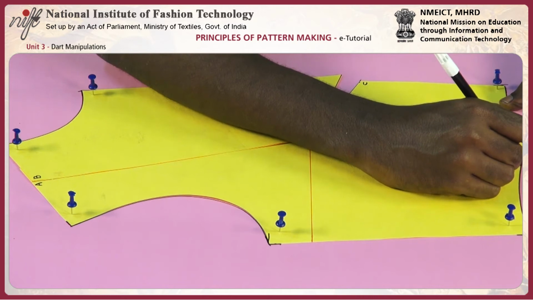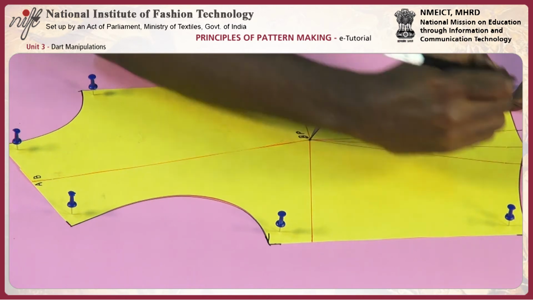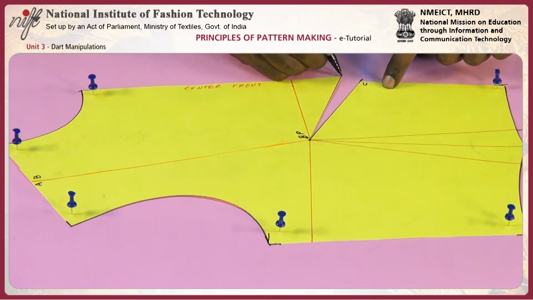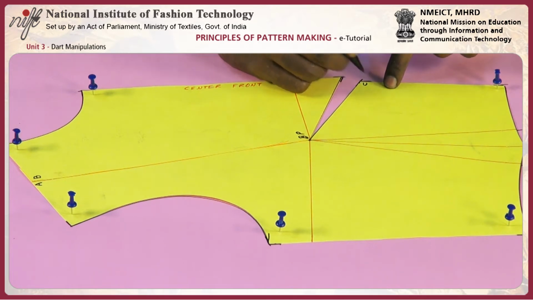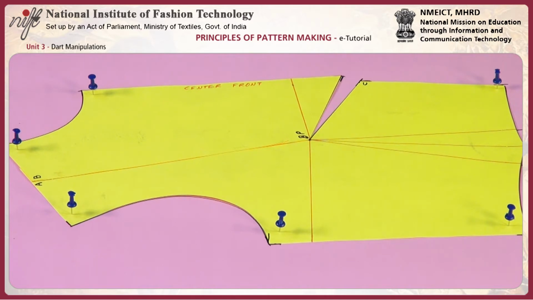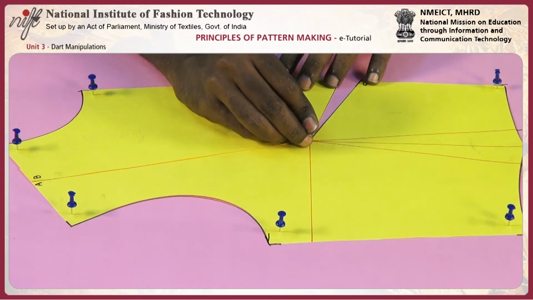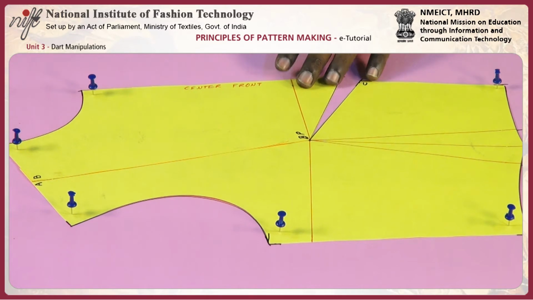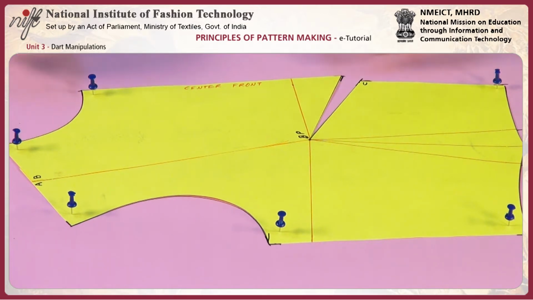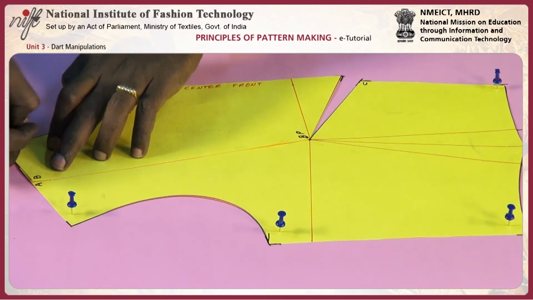Then mark the dot legs and dot center. Mark the bust point. Make sure you have marked all the points, then remove the working pattern.